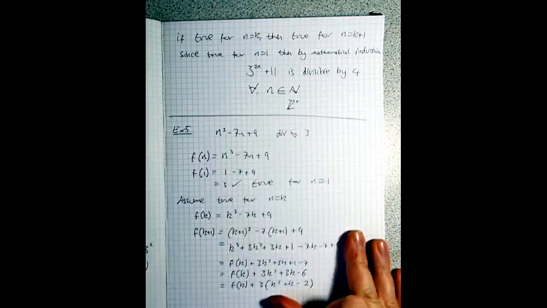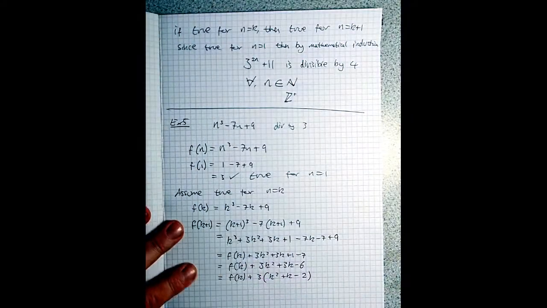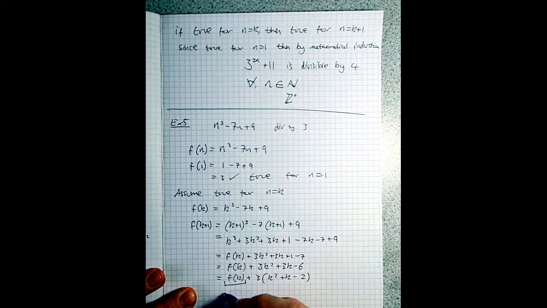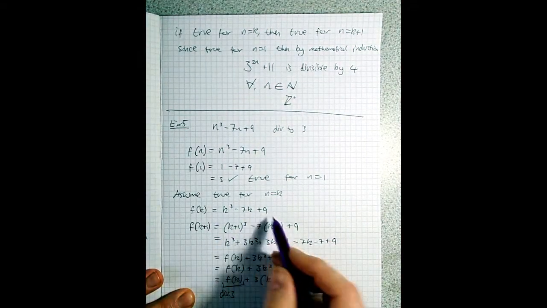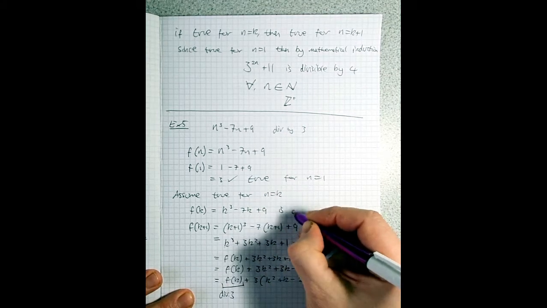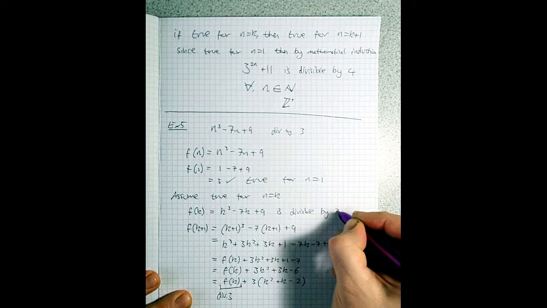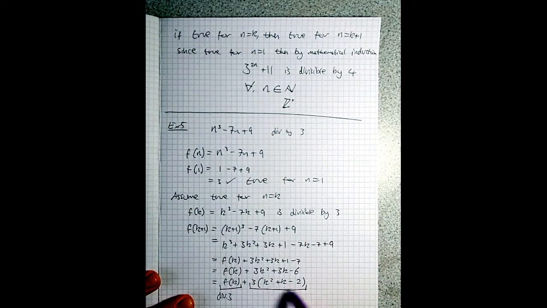And of course, for the last example, that would always be a whole number. Clearly it's going to be here as well. So that must be divisible by 3, because we've assumed it is. This is a multiple of 3.